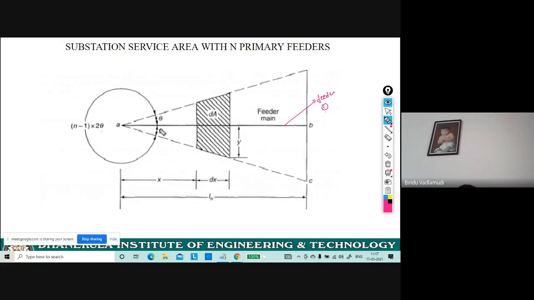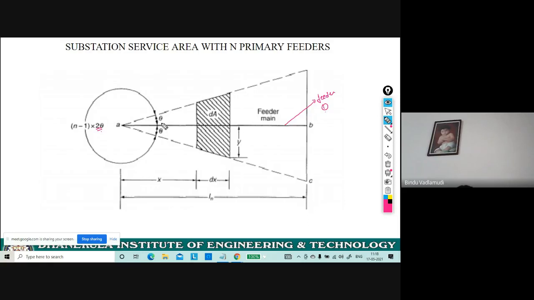Here the area covered by the first feeder is 2 theta. The remaining feeders: out of n we are removing 1, so the remaining feeder count is n minus 1. The angle covered by them is n minus 1 into 2 theta, because each feeder makes an angle of 2 theta. Is it clear?